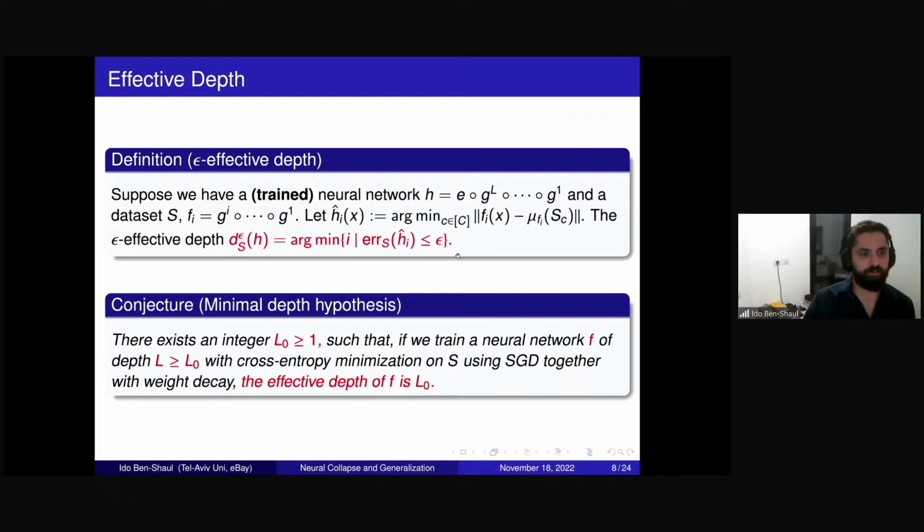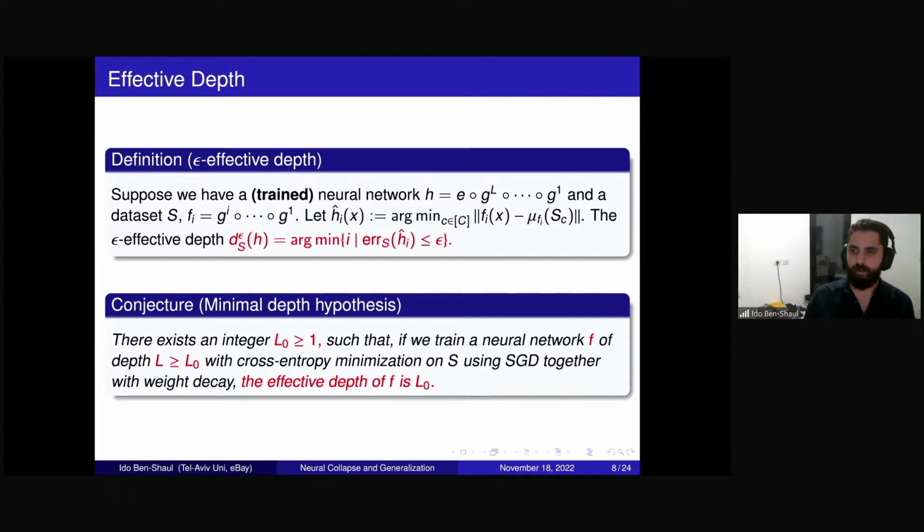Now, why does this definition make sense? This is something we discover in our paper, which we call the minimal depth hypothesis. What this basically tells us is that there exists some integer L0, such that if we train a neural network of depth greater or equal to it, again with cross entropy using SGD and weight decay, the effective depth is going to remain constant.